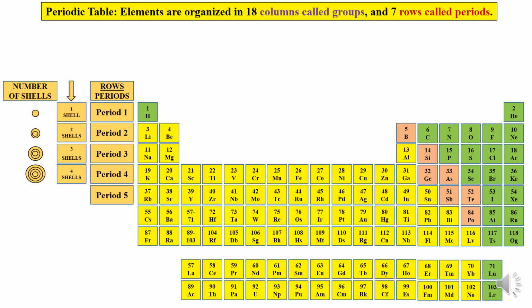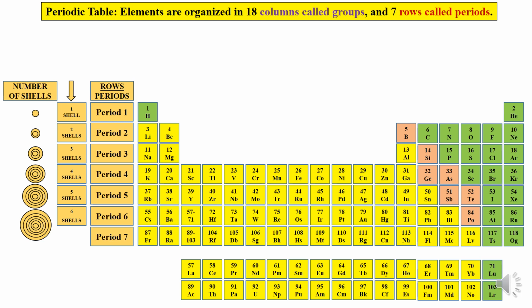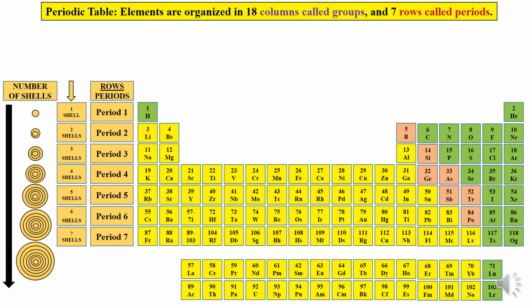Period 5 elements in row 5 have 5 electron shells. Period 6 elements in row 6 have 6 electron shells, and period 7 elements in row 7 have 7 electron shells. Now going down the group, you see the number of shells increase. So as the number of shells increase going down the group, the size of the atom increases.